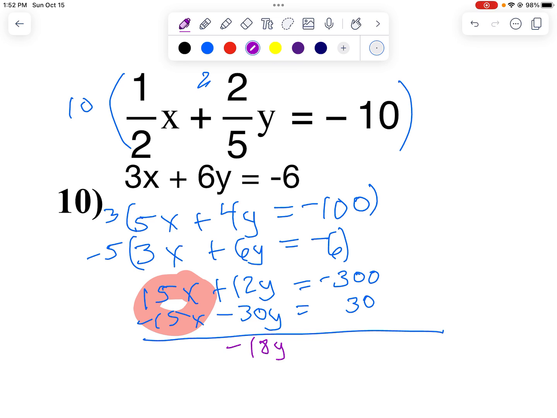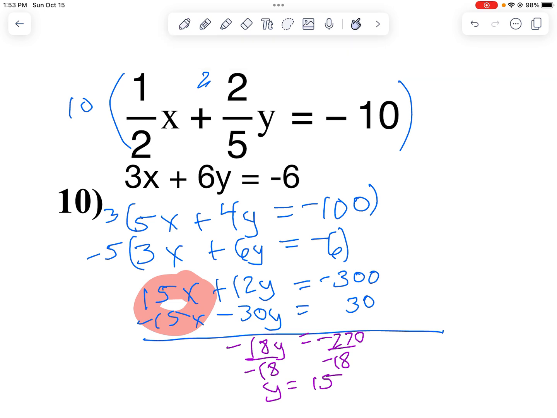And then -300 plus 30 is -270. I will divide both sides by -18. Use your calculator. 270 divided by 18, well, that's going to be 15.